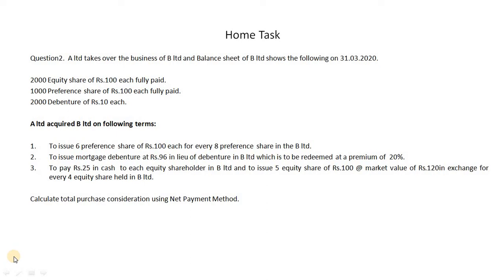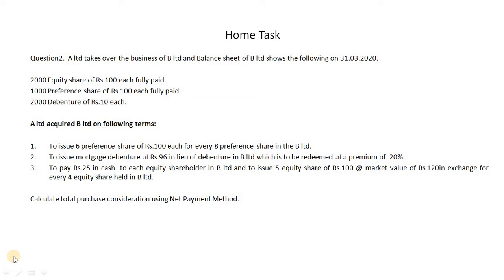So point number 1 talks about some kind of they are here. If you have 8 shares in B Limited, then you will get 6 preference shares in A Limited. Okay, new company. In new company, you will get 6 preference shares only of rupees 100 each when you have 8 preference shares of transferor company, which is B Limited, right?